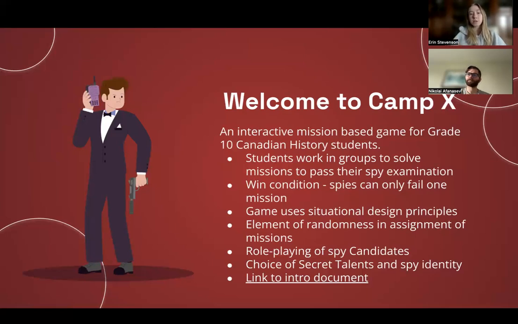They get to name their spy, write a little backstory to get them invested in the game, and choose from several secret talents which we have created, each of which gives different buffs during different missions.